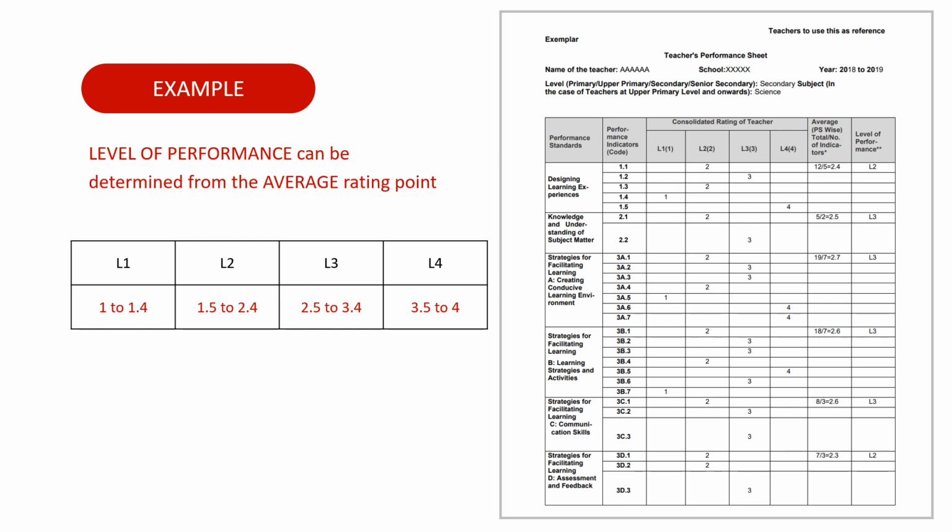The range for L2 is 1.5 to 2.4. So the level of performance for performance standard 1 as calculated is level 2. Similarly, for other performance standards, if we have rated ourselves and calculated the average, we can find out the level of performance for each performance standard from the table shown in this slide.